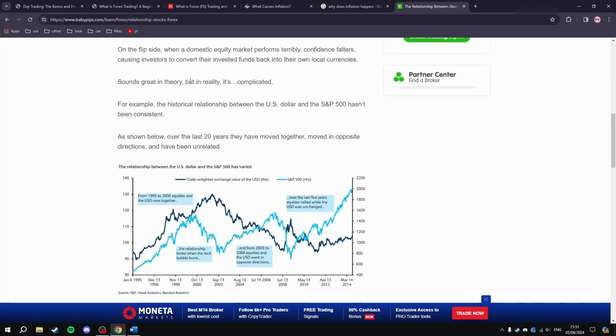On the flip side, when the domestic equity market performs terribly, confidence falters, causing investors to convert their invested funds back into their own local currencies.